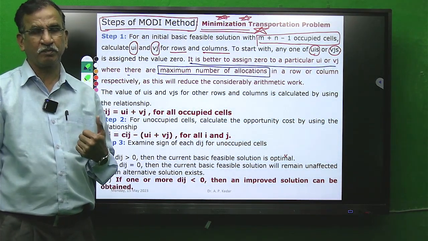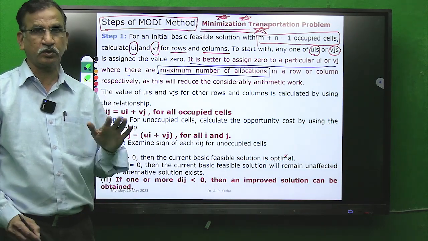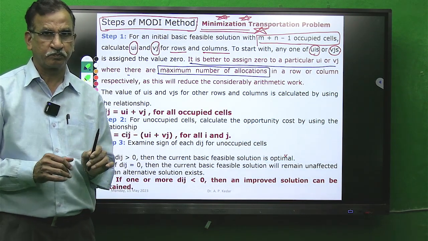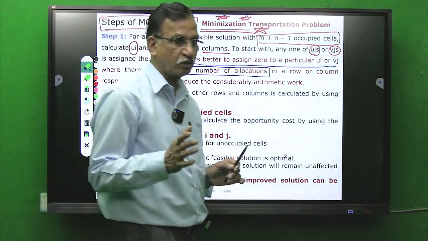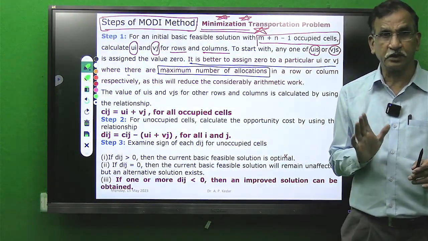I can make it my habit to assign u1 equal to 0 every time and solve the problem. No harm. The answer will not go wrong. Only additional steps may increase.